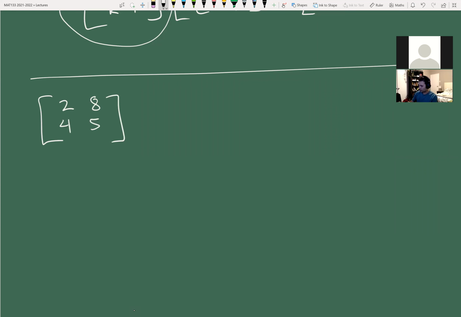So I'm going to row reduce this matrix just a little bit. Maybe I would do row 2 minus 2R1 into row 2. And if I do that, I get 2, 8, 0, and then 5 minus 16 is negative 11.